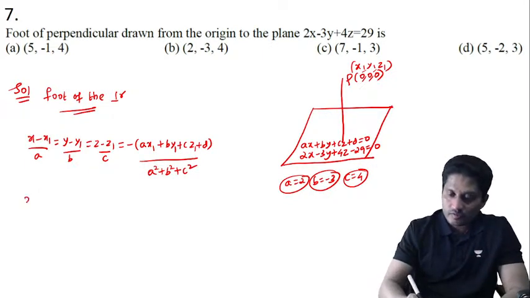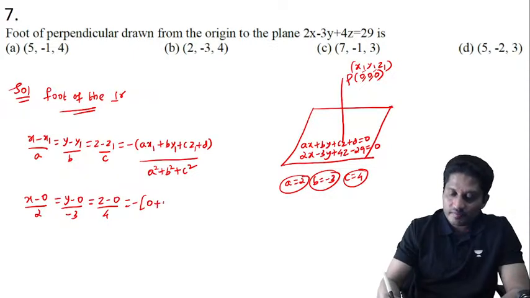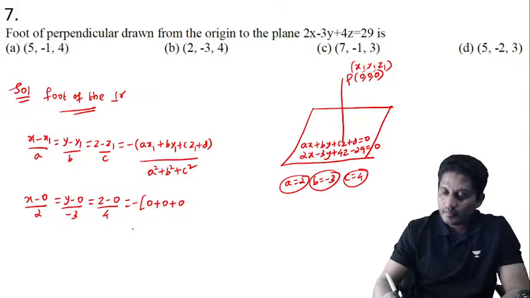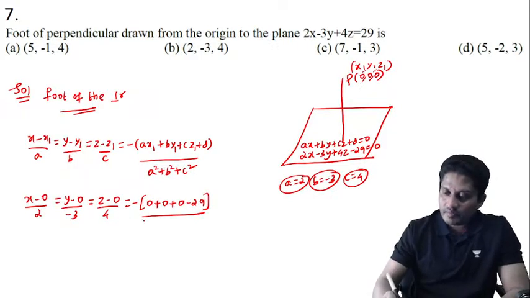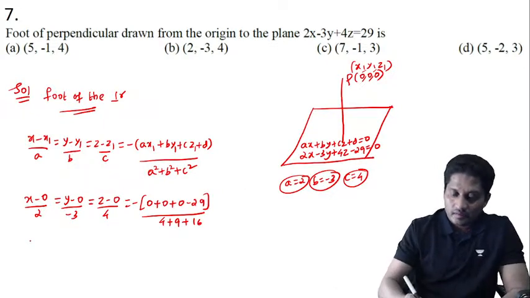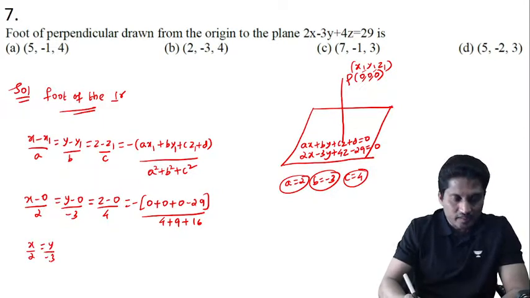Now if I substitute x minus 0 divided by a, y minus 0 divided by b, z minus 0 divided by c is equal to minus of ax1 plus by1 plus cz1 plus d, that is minus 29, divided by a square plus b square plus c square. So this is 4 plus 9 plus 16. Okay, so you get x by 2 is equal to y by minus 3.